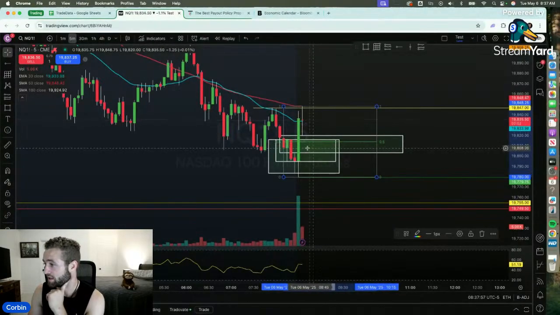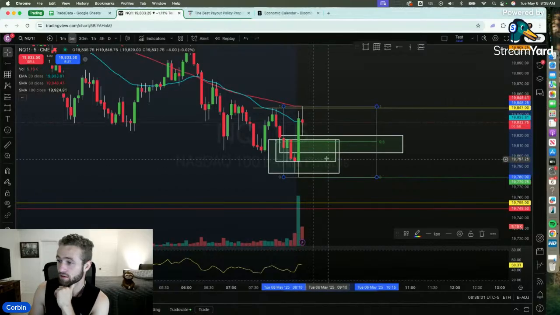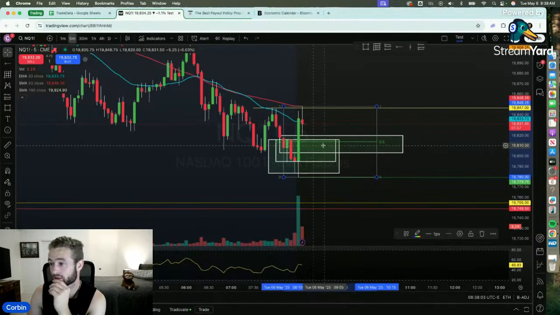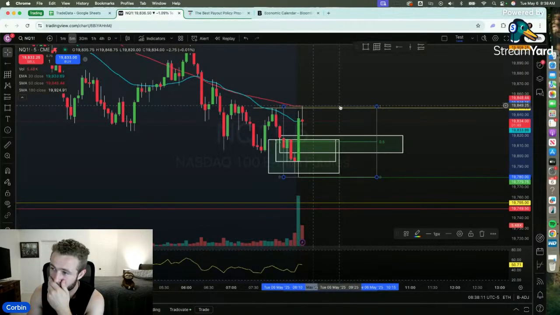So idealistically, if we can get in around 19,800, something like that, but we need to see how it reacts to this liquidity level right up there.